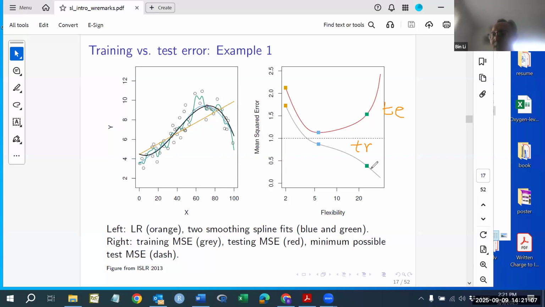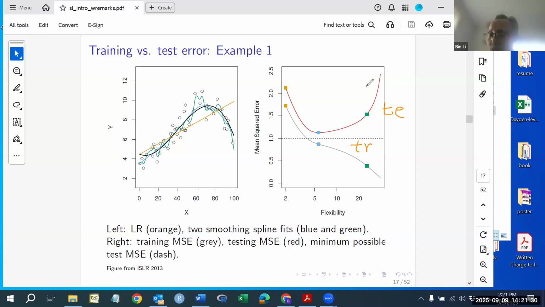It's possible that it can pass through all the data points if the model is complicated enough. But that leads to what I call overfitting. Overfitting means it's too adapted to the training data points Y. It's not fitting the F, it's fitting the Y.